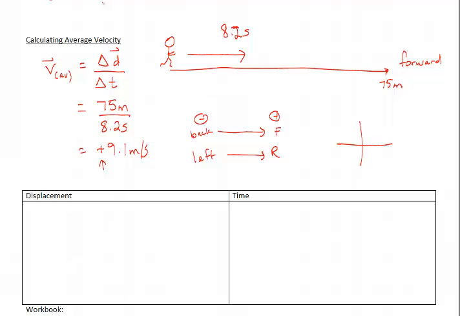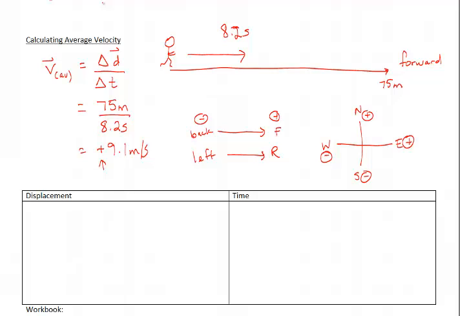Right is positive. North is positive, as is east, and south is negative, as is west. We've just decided that that's how we're going to think of these things in mathematical terms so that we can tell which way the direction is, and it's agreed upon. You just have to remember them.